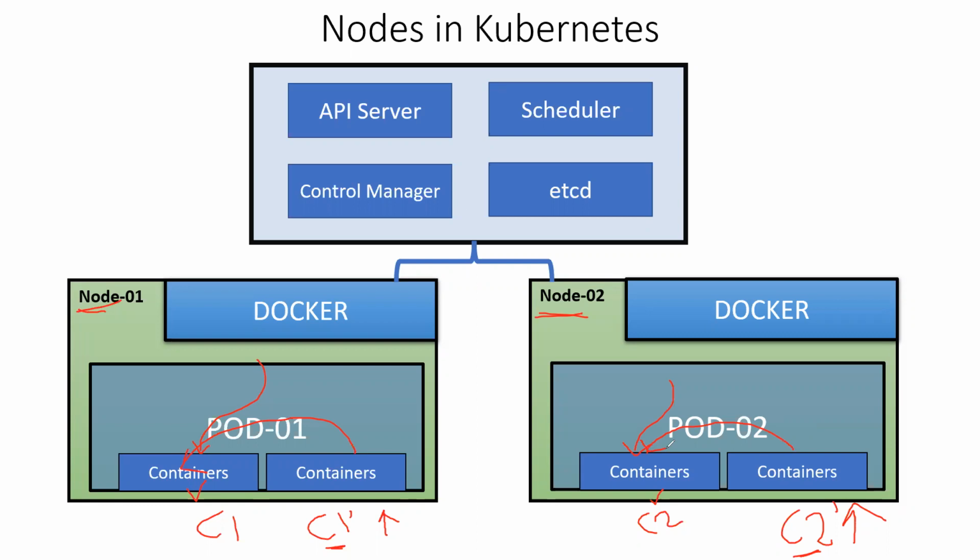Now, over a period of time, this container might use all the resources. Very simple example. Let's say this node is of 8 gigs of RAM. This is also 8 gigs of RAM. So we are giving 4 gigs of RAM for each container. This 4 has started to raise up to 6 gigs of RAM.